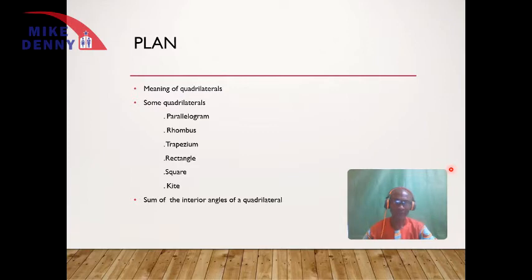At the end, we look at the sum of the interior angles of a quadrilateral, and then you take home some assignment to consolidate the knowledge that you have gained today.